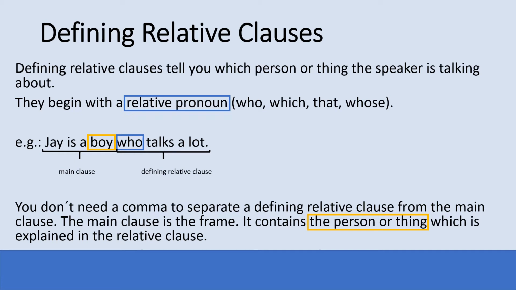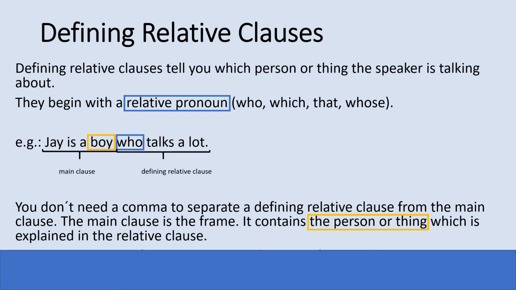They begin with a relative pronoun: who, which, that, or whose. An example would be, Jay is a boy who talks a lot. The defining relative clause is who talks a lot.